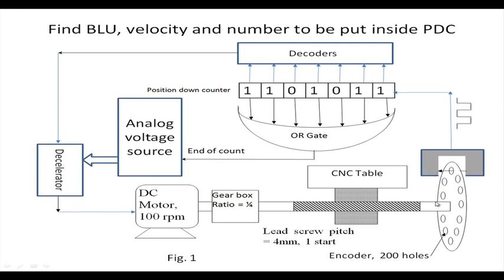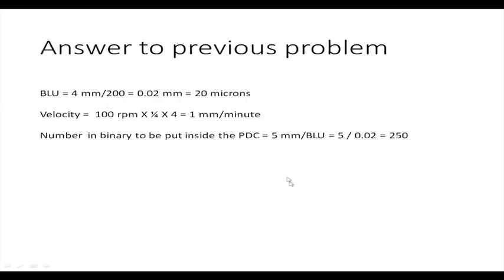So, 200 holes correspond to 4 millimeters of movement, therefore one hole corresponds to 4 millimeters divided by 200. Let us see how much it is. That is right, 4 millimeters divided by 200 is equal to 0.02, which is nothing but 20 microns. So, the basic length unit is 20 microns this time.